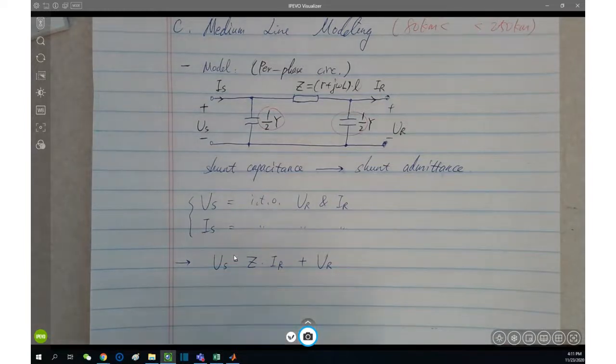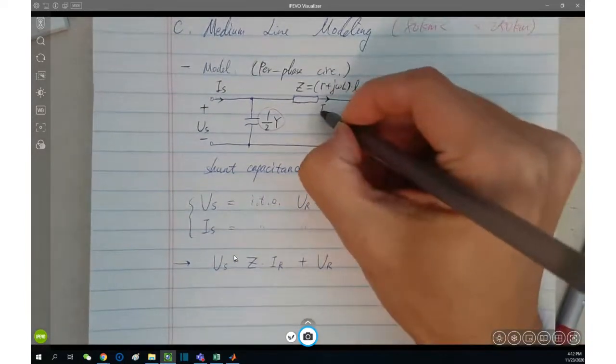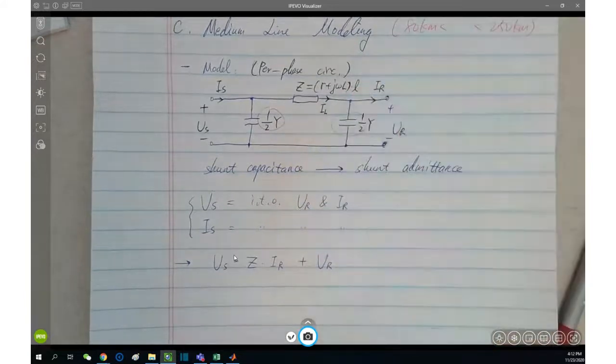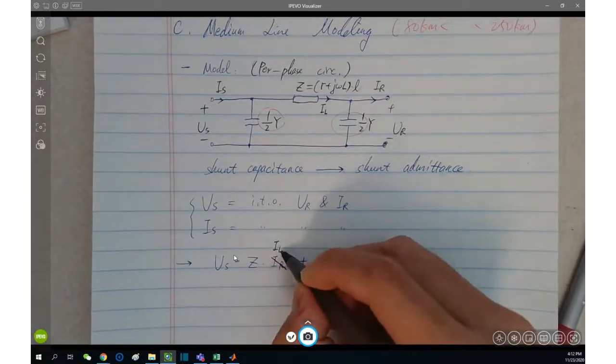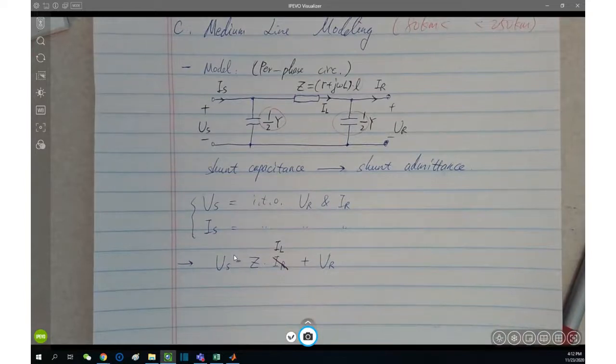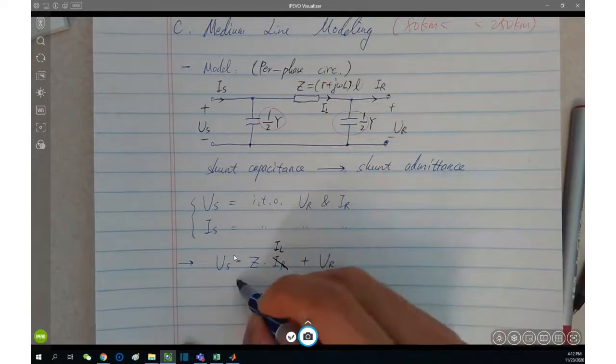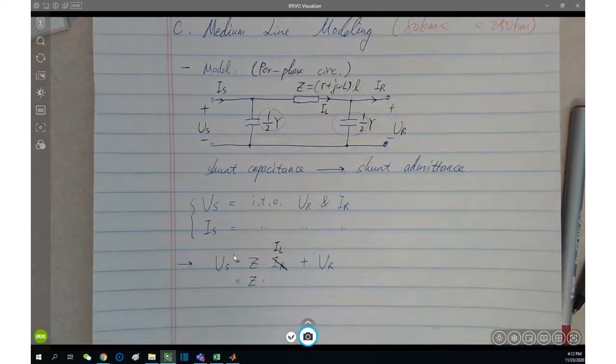You can name the current flowing through here with a different name, I sub L, which absolutely does not equal IR, and of course IL is not VR either. So we are trying to substitute IL in terms of VR and IR. Any idea how to substitute IL in terms of VR and IR?